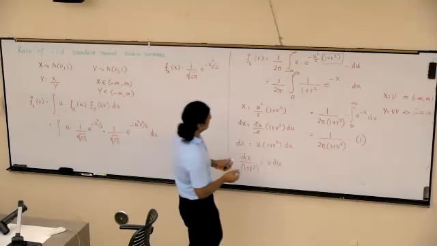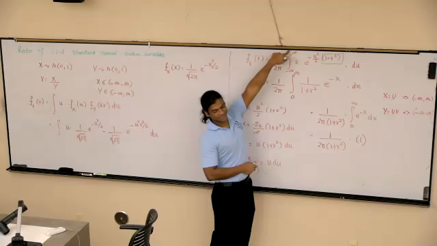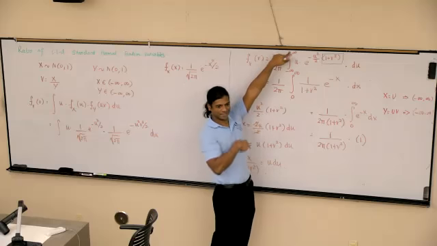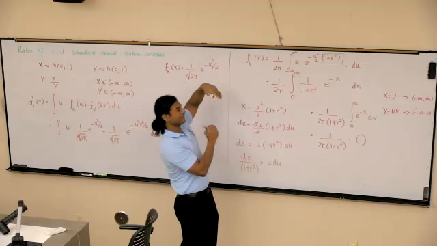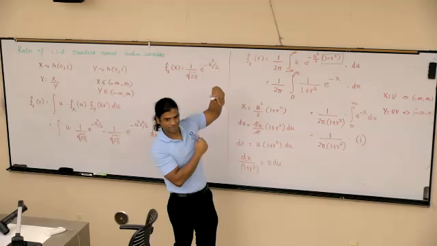Basic calculus mistake. We're going from minus infinity to infinity, so if I split it up, I will write it as 0 to infinity and negative infinity to 0. And when I plug in negative infinity to 0, it'll still be 0 to infinity.